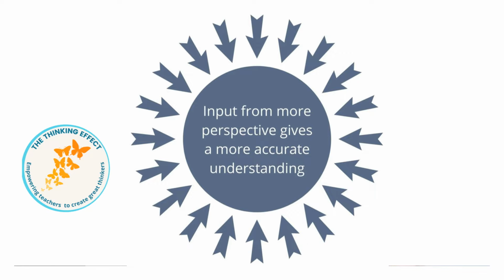If we're thinking about the classroom and literacy, for example, when children are reading different texts and are able to look at that text from different characters' points of view, their understanding of that text is much deeper. Yes, they learn to reflect on how a character's actions might fit with their perspectives.